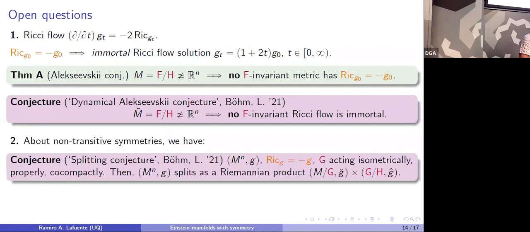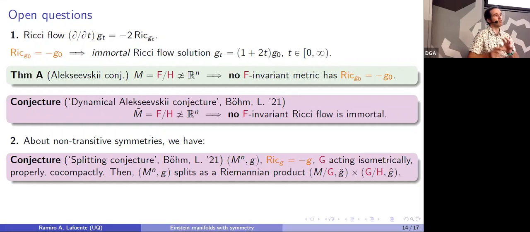And maybe the second open question that I wanted to mention is, in the case of principal bundles which are Einstein, or more generally, when you have a non-transitive action, so M is an Einstein manifold with G acting isometrically, properly, co-compactly, then the claim is that M splits as a Riemannian product of the orbits, which will be homogeneous Einstein spaces, and a compact Einstein manifold, namely the base.